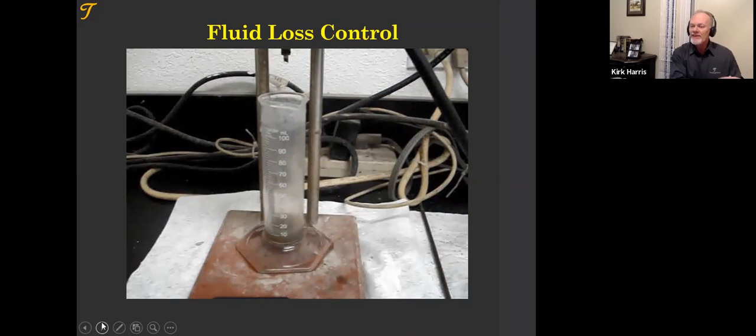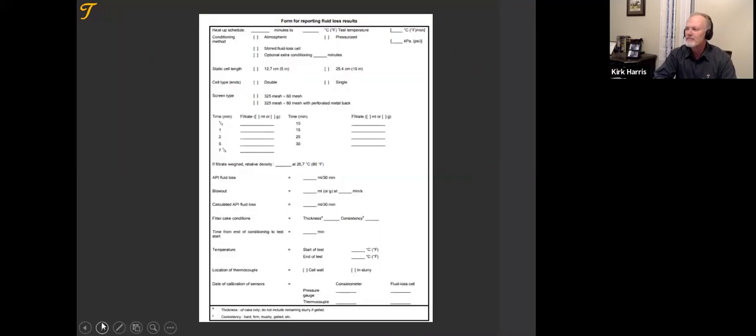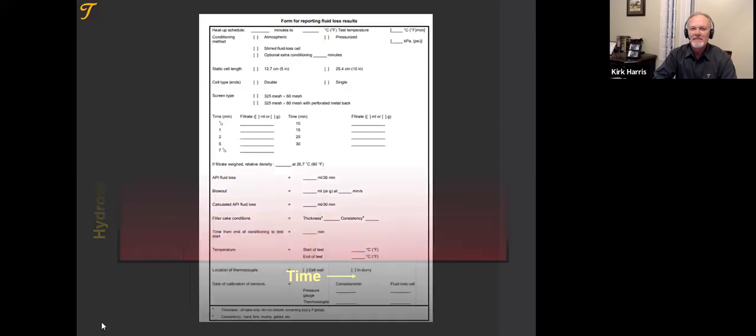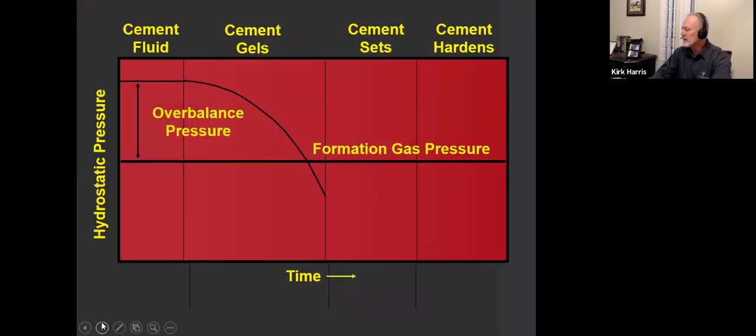And if you use it once, it can damage the screen to where you've blocked it. And if you then run the next test with that screen, where you'd normally get a lot of fluid loss, you get hardly any fluid loss. So you have to be aware that some things can change the values of your fluid loss. That's just a reporting sheet.